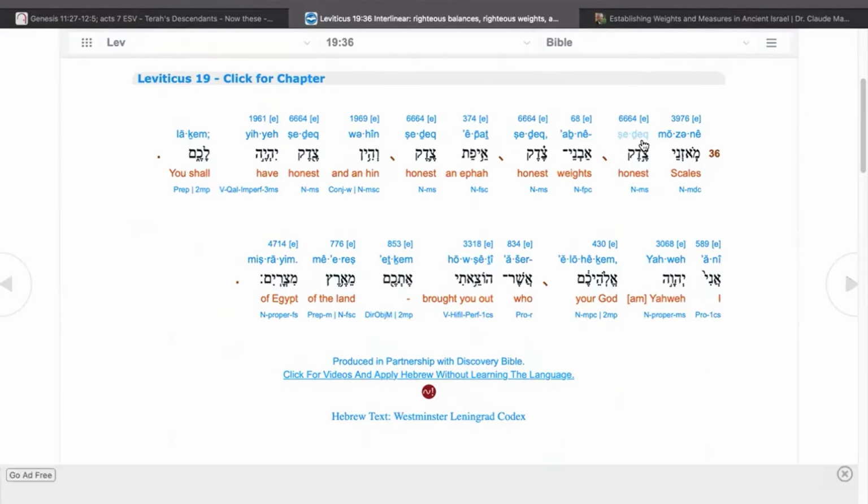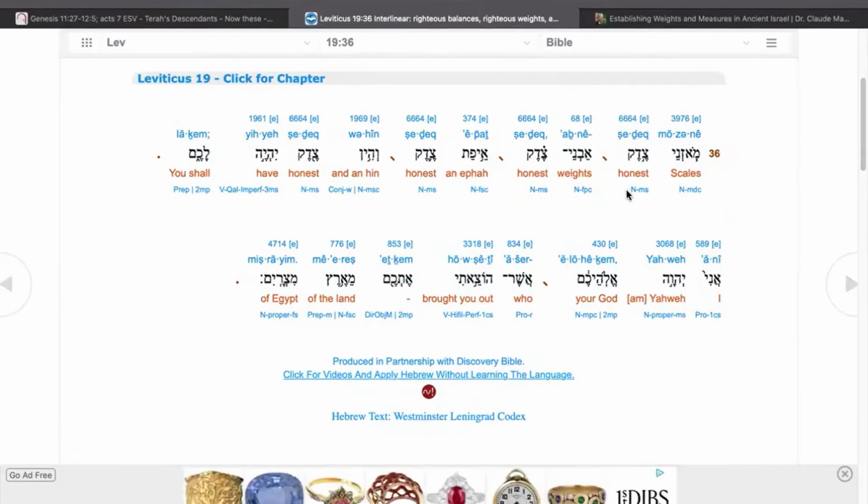You can tell this word tsedek is repeated: honest, honest, honest. And then there's the Strong's Concordance, which gives a number to every word in Hebrew and Greek.